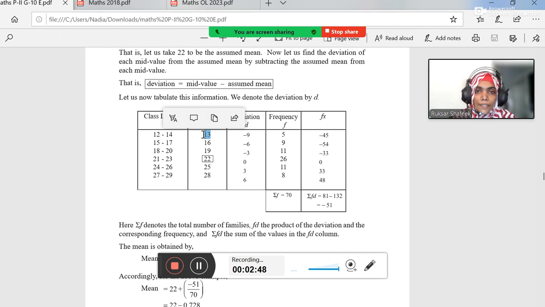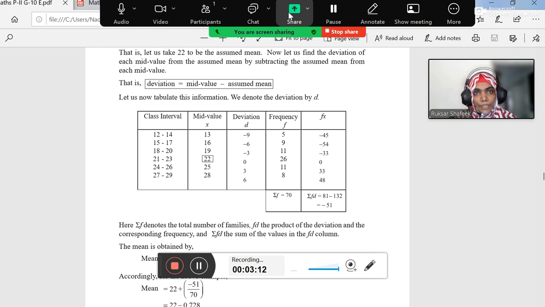From this 13, we subtract the 22, the one that we guessed. Usually the numbers above the assumed mean would be negatives. So 13 minus 22, you're subtracting a bigger number, 22, from a smaller number, 13, which gives minus 9.